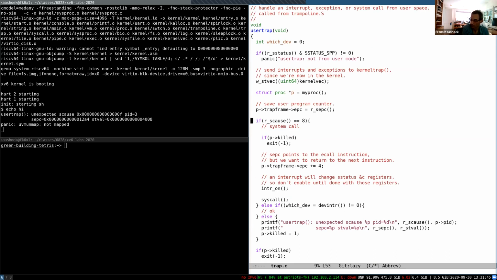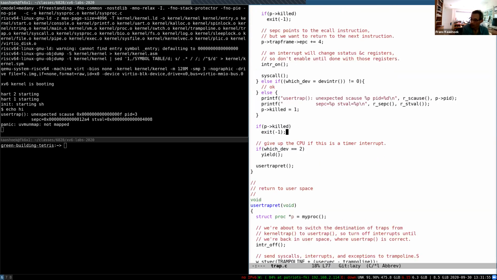This line is scause 8, and that's the point where we process system calls. Then there's a line that checks whether there was any device interrupt and processes it. And if neither of those two happen, then we get this trap, and the process is being killed.